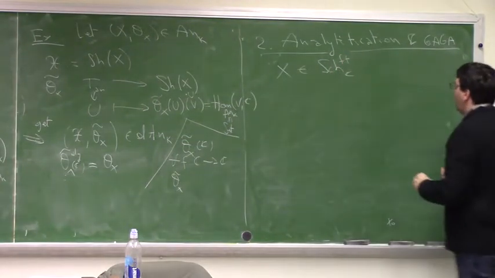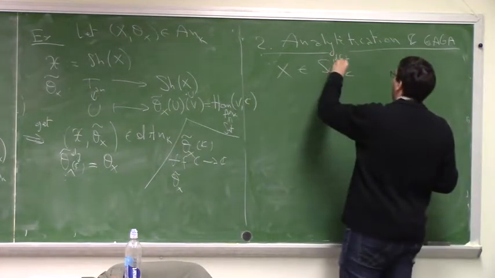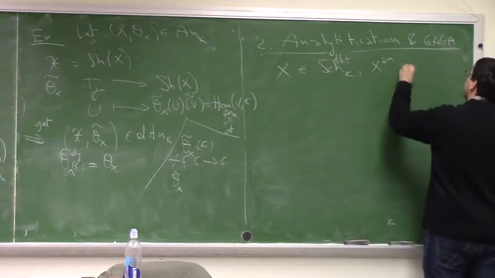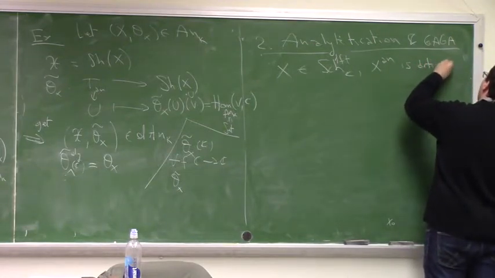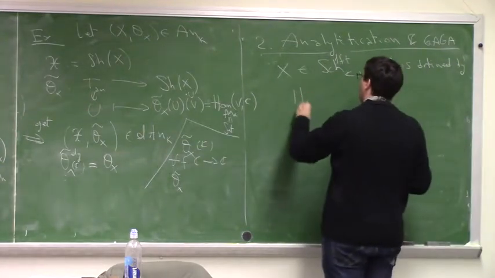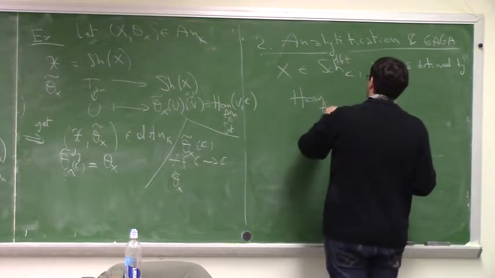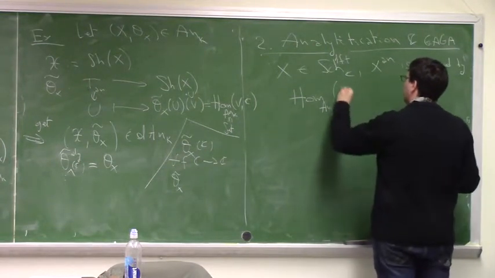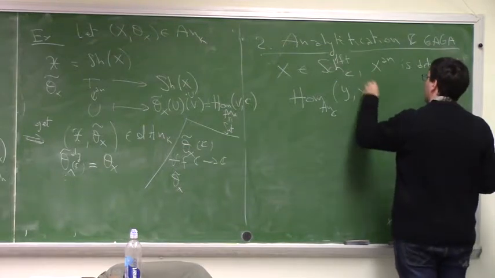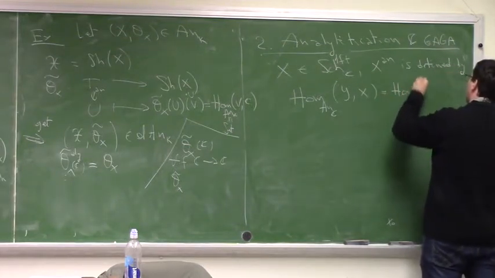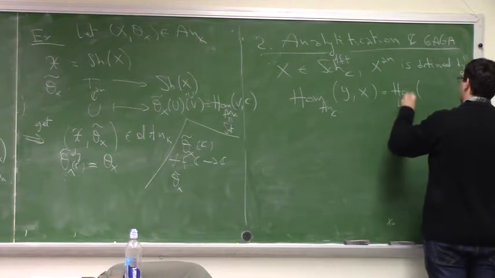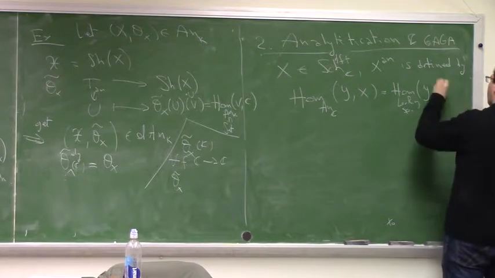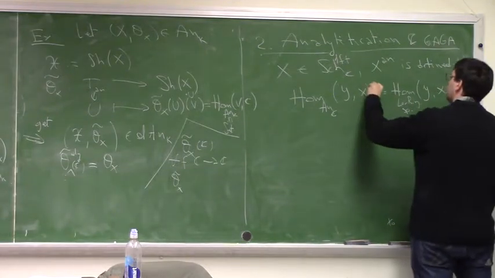We start with a scheme locally of finite type over C, and the analytification of X is defined by the following universal property: a morphism in the category of analytic spaces from any analytic space Y to X^an is the same as a morphism in locally ringed spaces from Y to X.